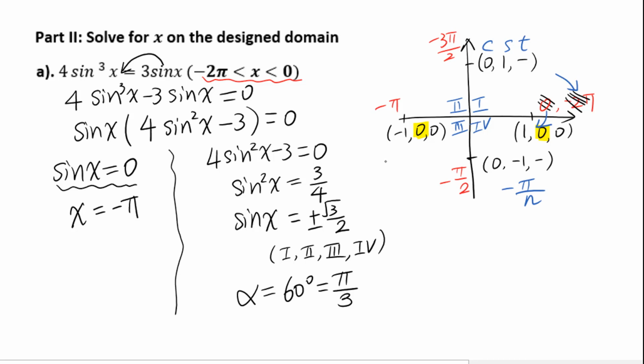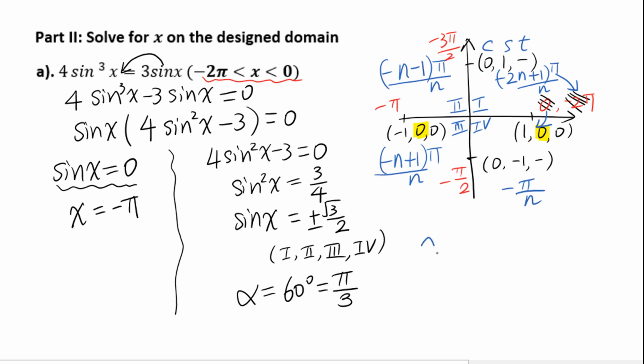The third quadrant is negative 2 pi over 3... for the second quadrant, it is negative 4 pi over 3. For the first quadrant, that is negative 5 pi over 3.